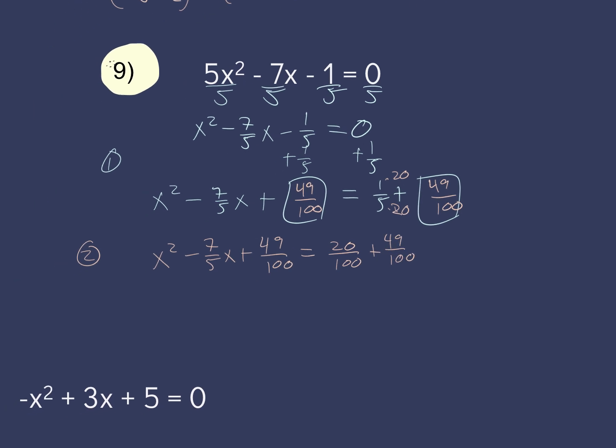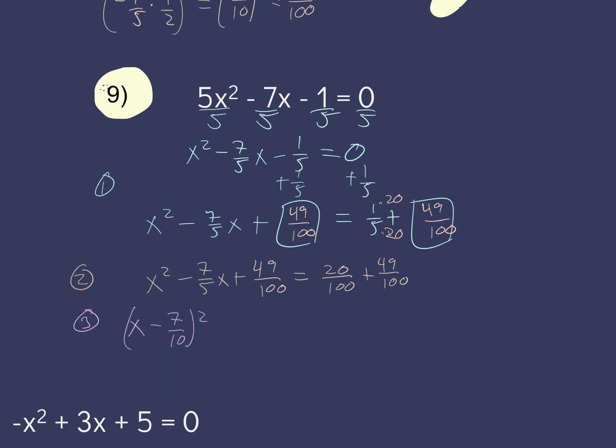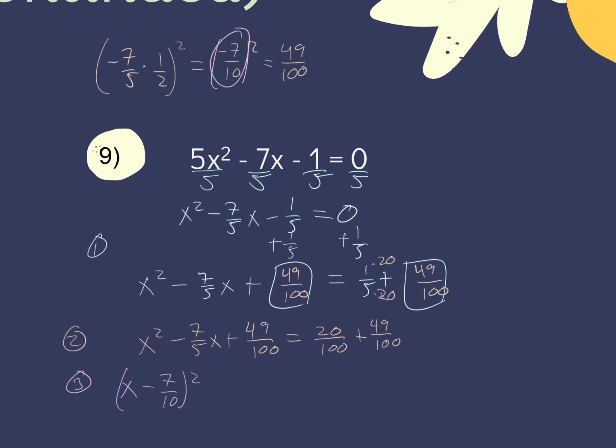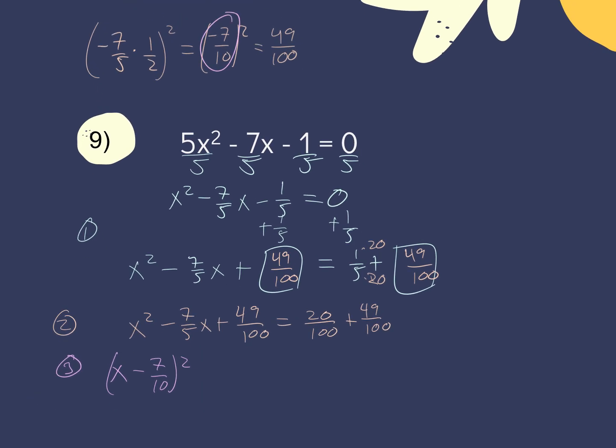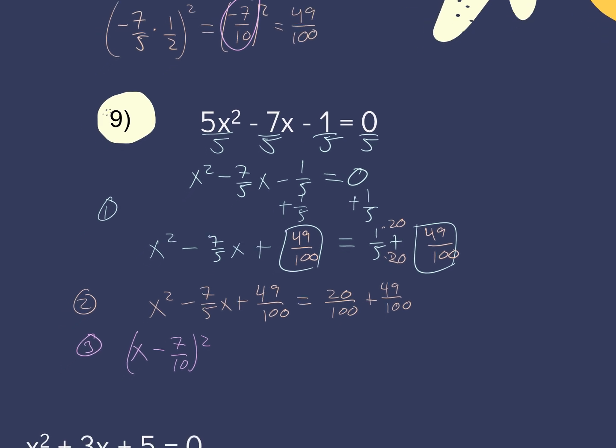Now the next thing we want to do is factor our perfect square trinomial. So then it becomes x minus 7/10 squared. If you don't know how I got this minus 7/10, it was our b/2 term. So to factor from step 2 to step 3, we just do x plus b/2 and square that entire thing.